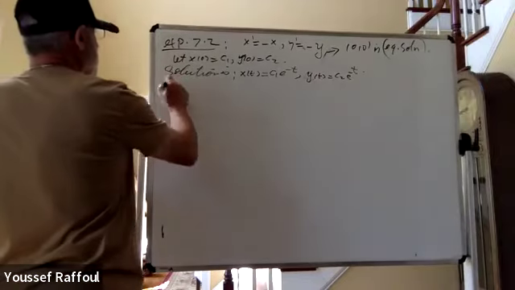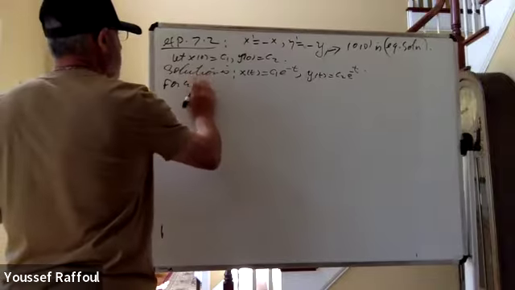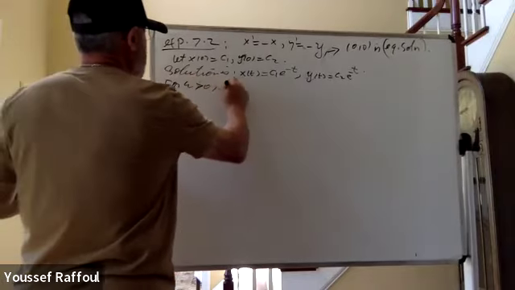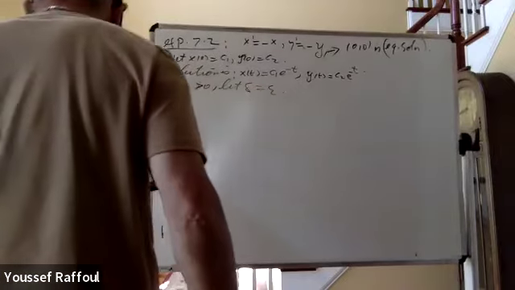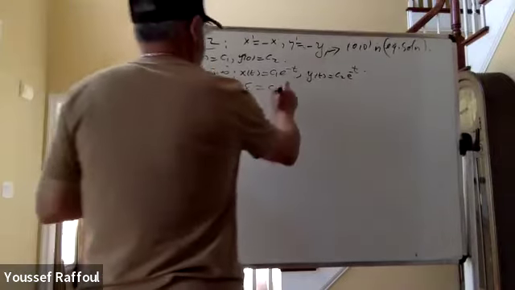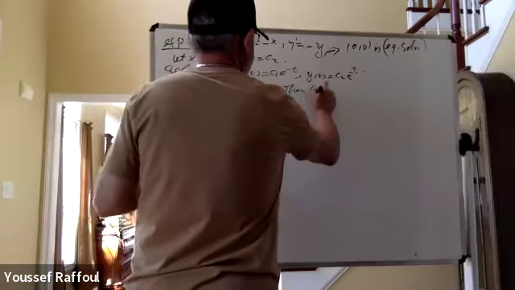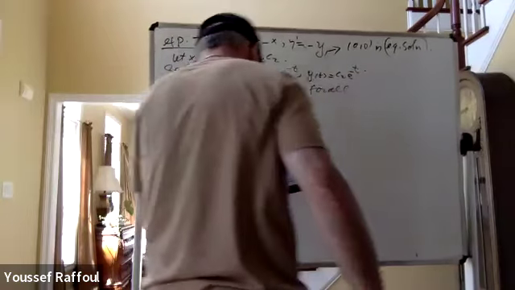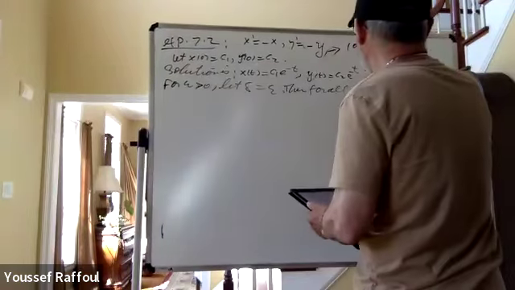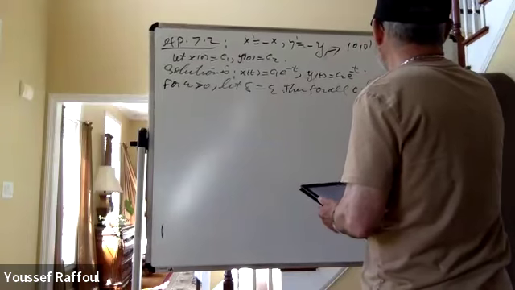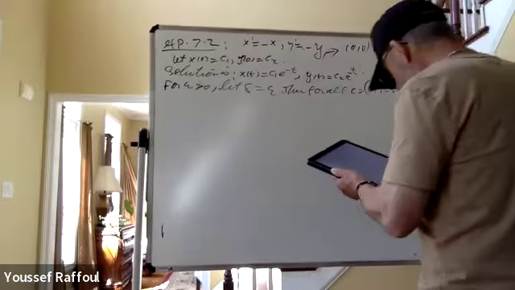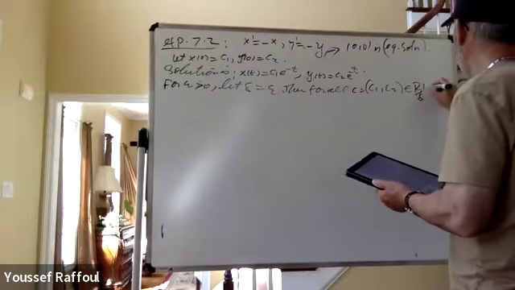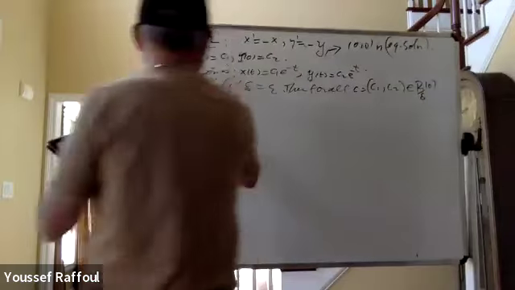Now, for epsilon positive, let delta equal epsilon. Then for all C equals (C1, C2) belonging to B delta of 0. And what is that?